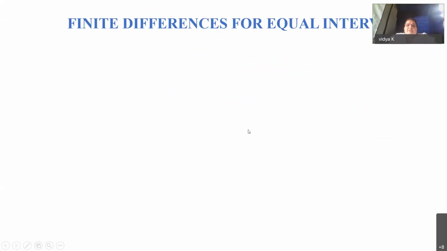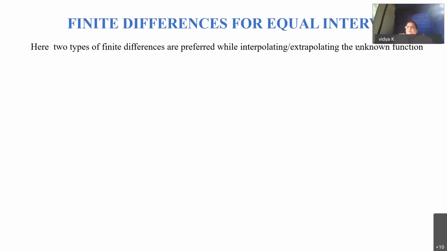What is a finite difference? Again, in finite differences, you define them for equal intervals as well as unequal intervals. First, we see finite differences for equal intervals.